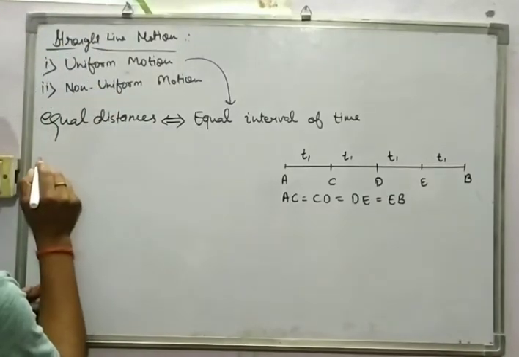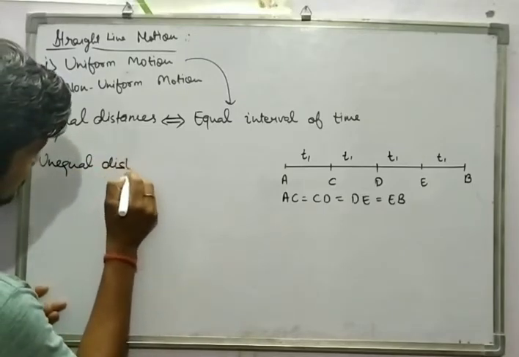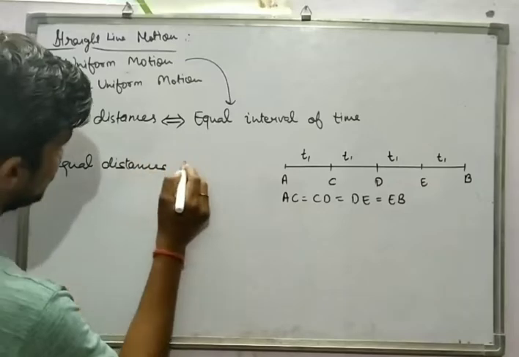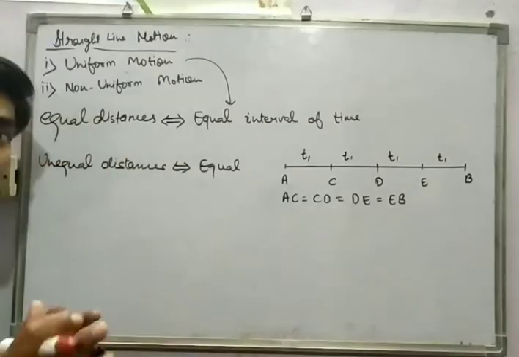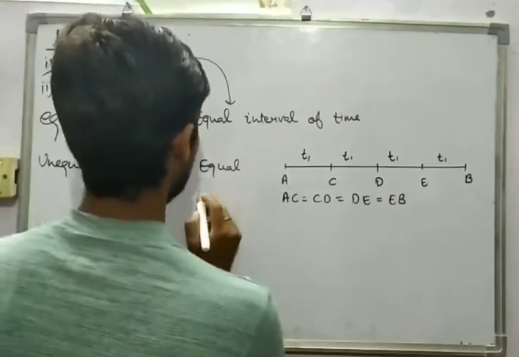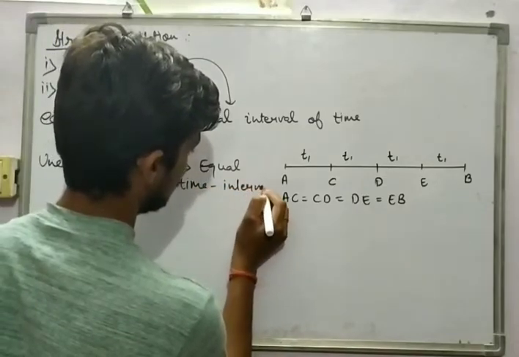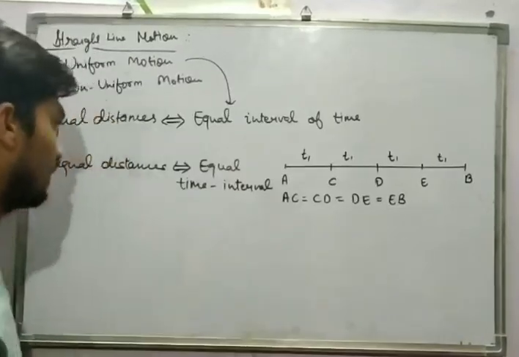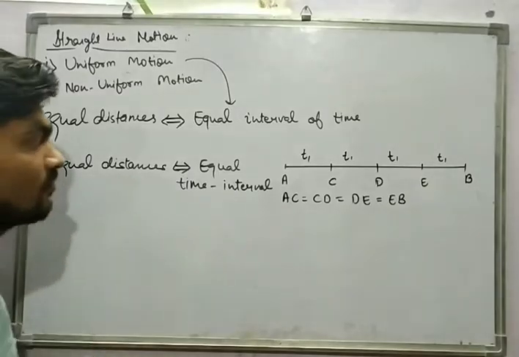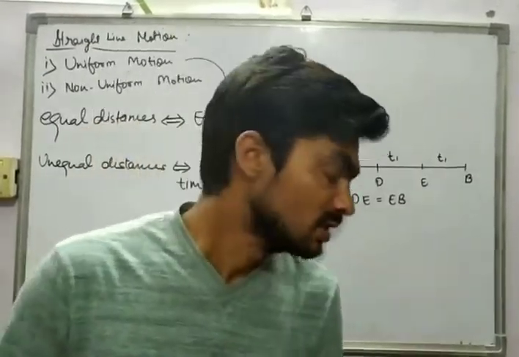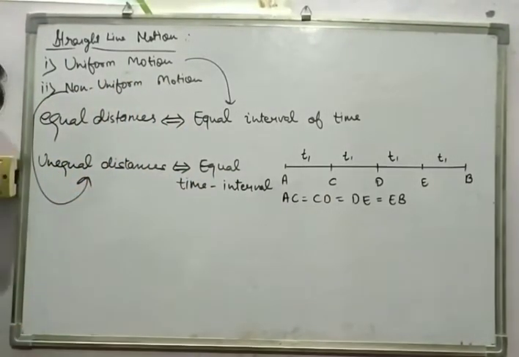So if we have unequal distances in equal intervals of time, meaning time is the same everywhere but distance covered is different, or vice versa, unequal time intervals and equal distances, then that type of motion is said to be non-uniform motion.